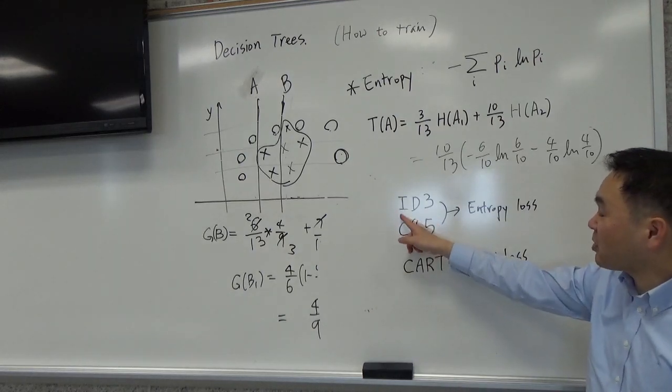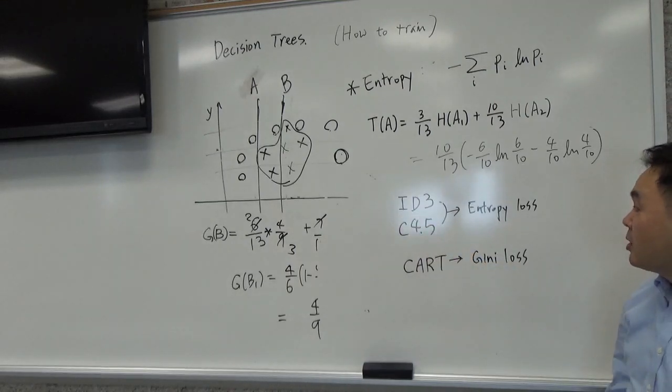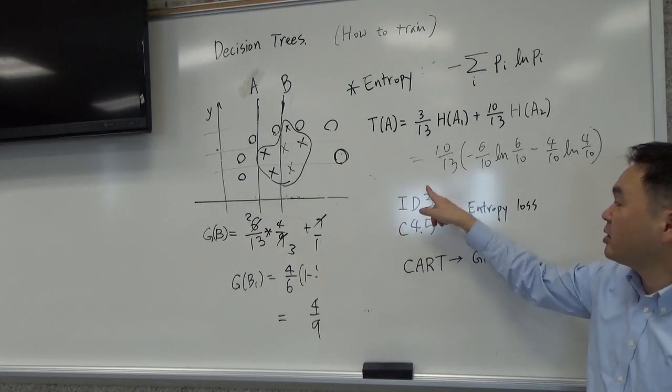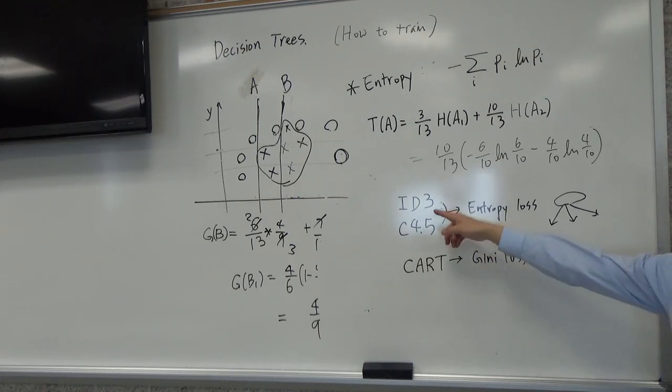Originally, the very first algorithm that was invented was ID3. And ID3 allowed your branches to have 3 branching. So you might have a single thing, and you can have 3 different branches coming out. And that's possible if your data is categorical only.